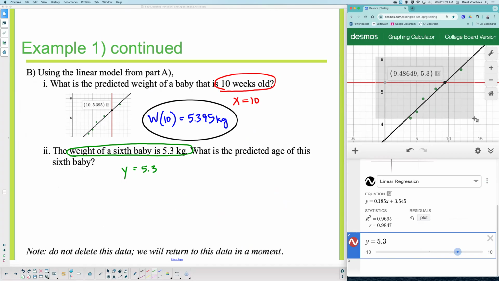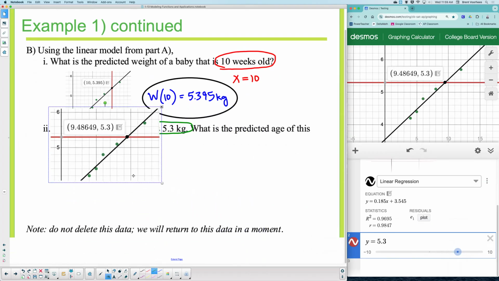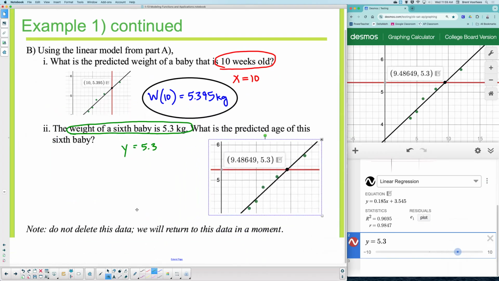Now, in my class, you need how many decimals? 3. You have to have 3 decimals. So the answer would be here. This is in weeks. So you could say T equals if you want, but as long as you say weeks, the weeks would be 9.48.